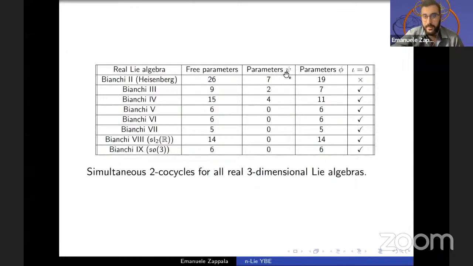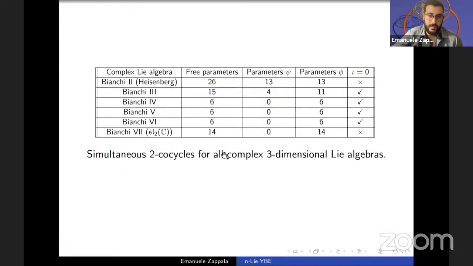This is the cocycle for the co-multiplication. Technically, you can even deform iota. This is the co-unit, right? And there are a lot of free parameters, of course, both in the complex and real case. So you see, it also happens that you can deform the co-unit non-trivially.